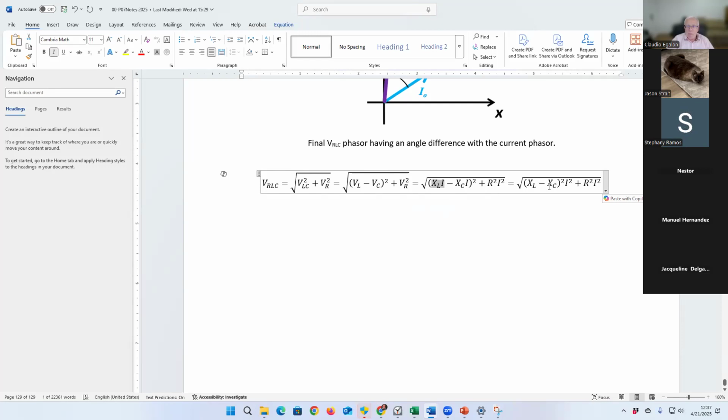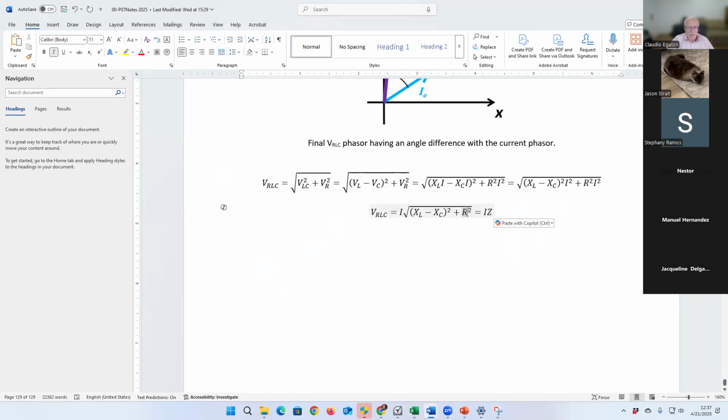So we're going to write that down in terms of the current. And now we have the impedance that I'm going to call Z. I'm taking out the I squared from this square root.